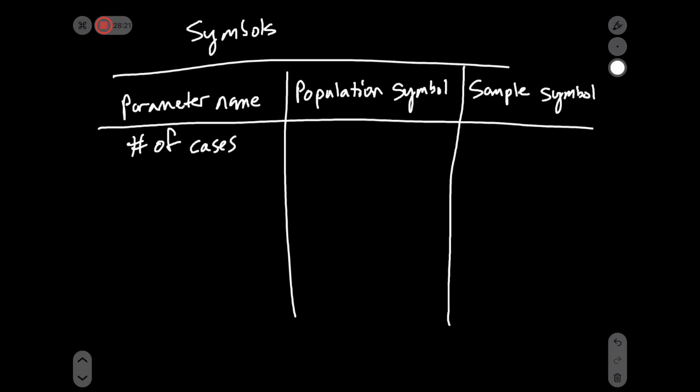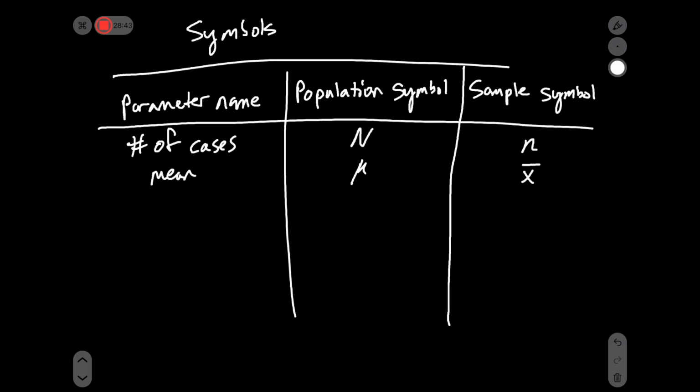Okay. So first, let's consider the number of cases, okay, or the total number here. In this case, our total population size is capital N, and our total sample size is lowercase n. The mean for our population is the Greek letter mu, and for our sample, the mean is x bar.